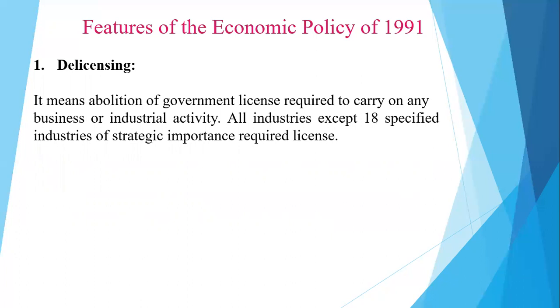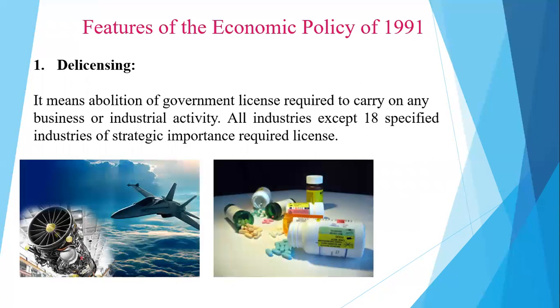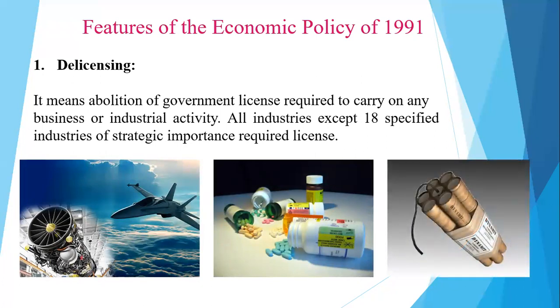As per the Department of Industrial Policy and Promotion, Government of India, only the following 4 industries require compulsory licensing. Number 1, electronic, aerospace and defense equipment. Number 2, industrial explosives. Number 3, hazardous chemicals, drugs and pharmaceuticals. And number 4 is cigarettes.